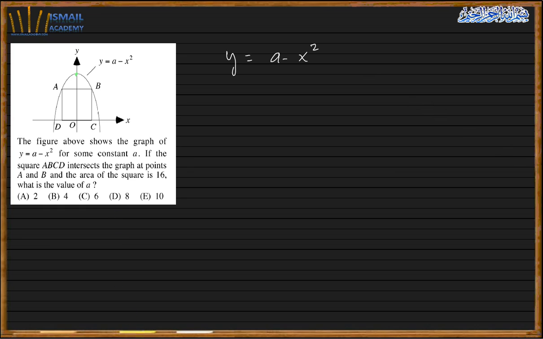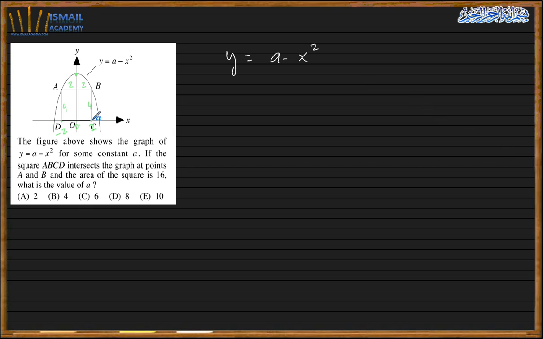If the area is 16, each side is equal to 4. That means this is equal to 4, this is equal to 4. And because this is an axis of symmetry, this will be 2 and this is 2. So this value here is 2, and this one is negative 2, because this one is 0.